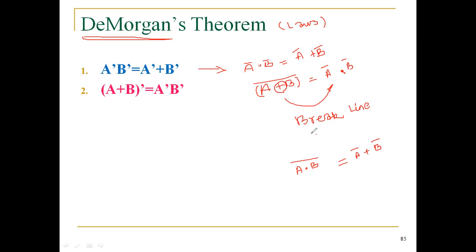Break the line, change the operator. You know what operators there are in Boolean expressions? Only two operators, dot and plus. That's all. So (A plus B) whole bar equals A bar dot B bar, and (A dot B) whole bar equals A bar plus B bar. That's all. This is De Morgan's theorem.